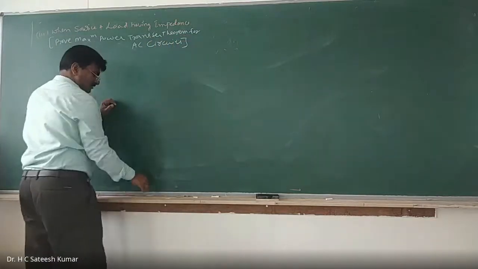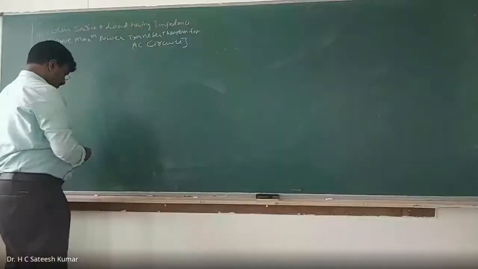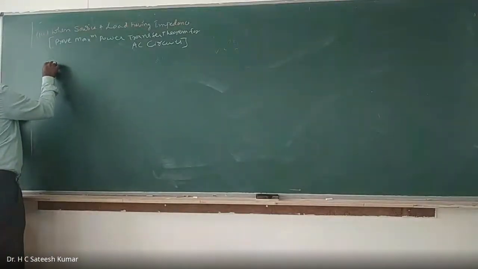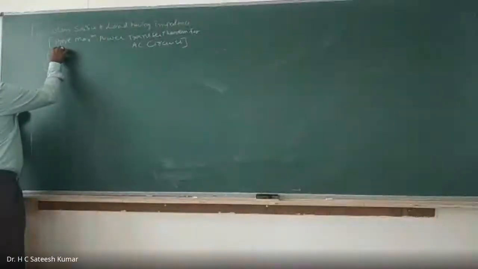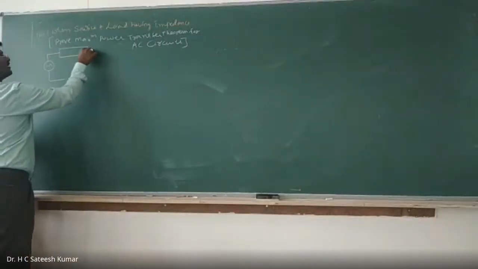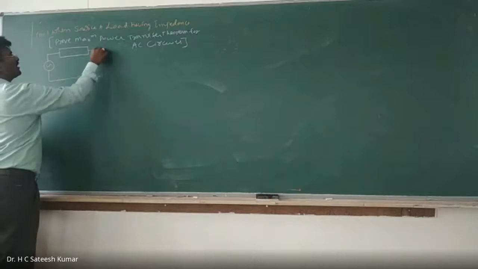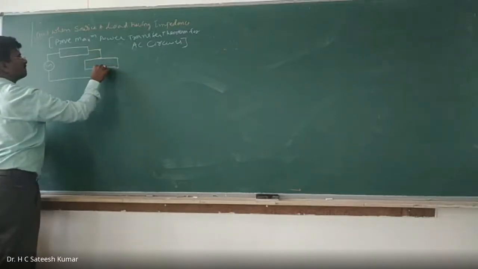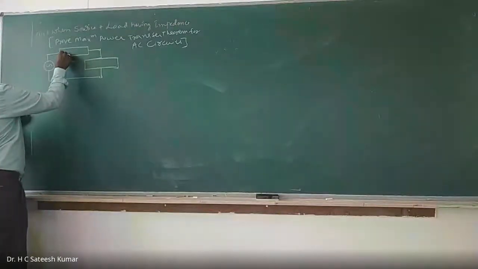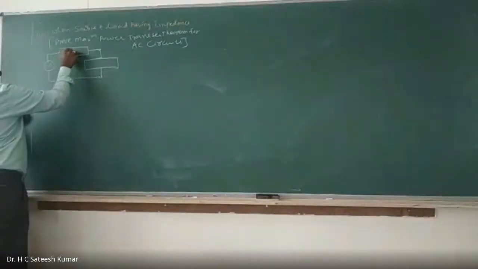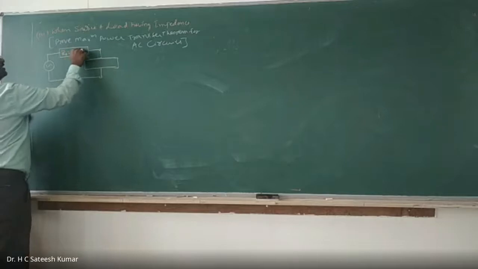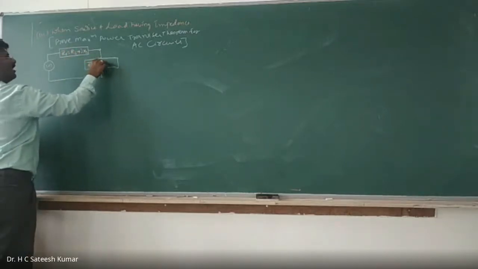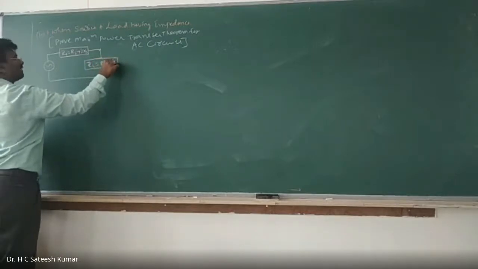Okay, right. So now we shall write down the circuit diagram, when the source is having impedance as well as the load is having impedance. Okay, right. ZS is equal to RS + jXS and ZL is equal to RL + jXL.